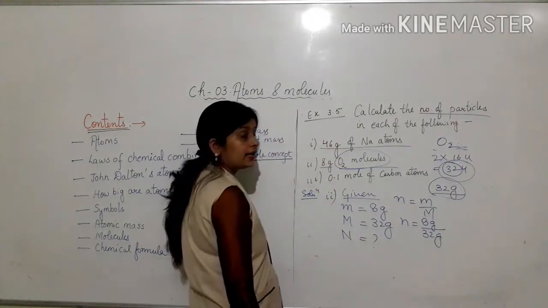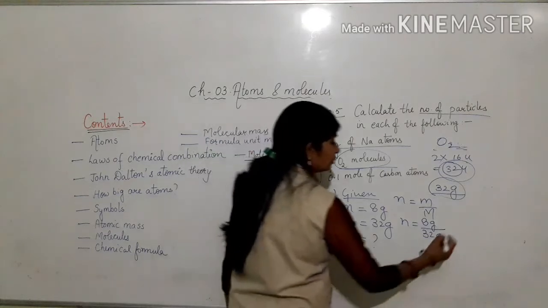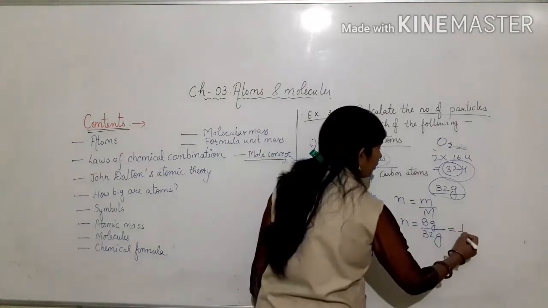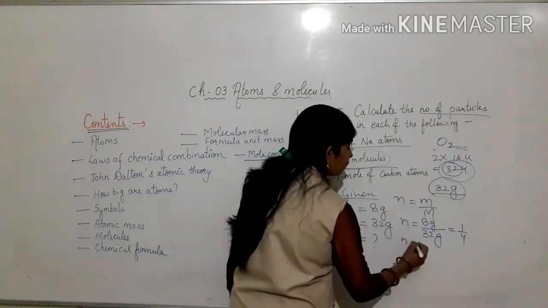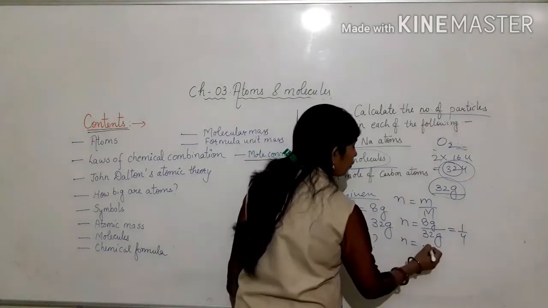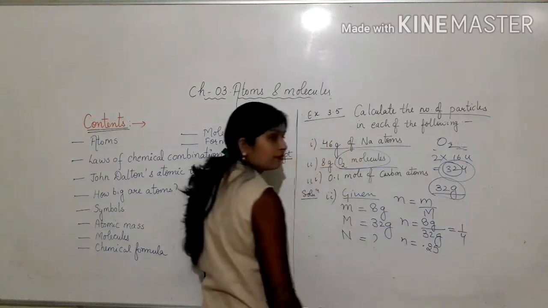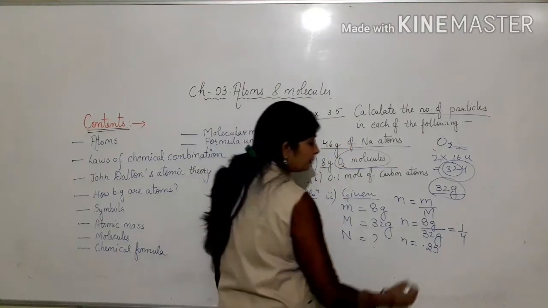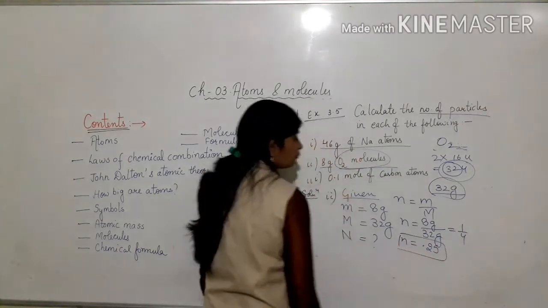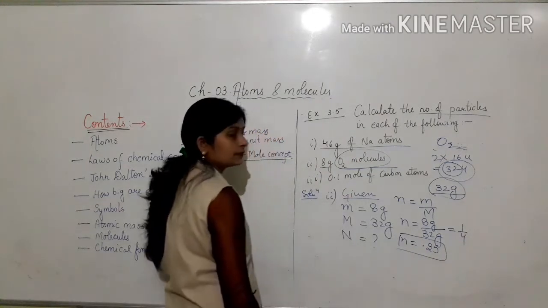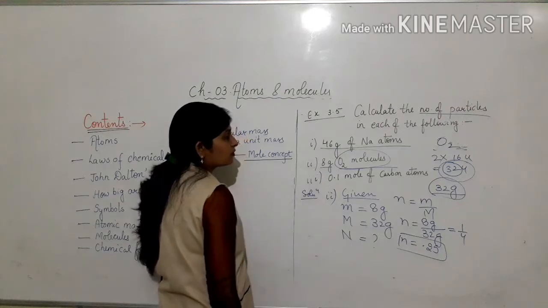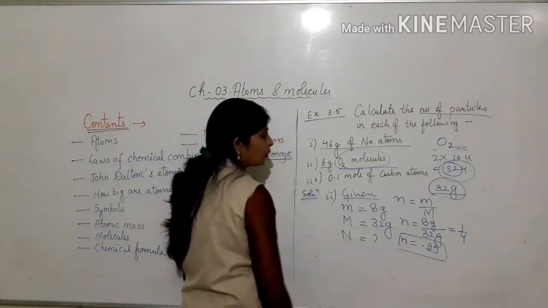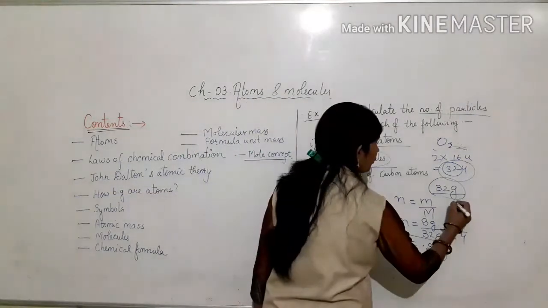Divide 8 by 32. You will have 1 upon 4. Solve 1 upon 4. You will have 0.25. Okay. So what is the number of moles present in 8 gram of oxygen molecules? That is 0.25.